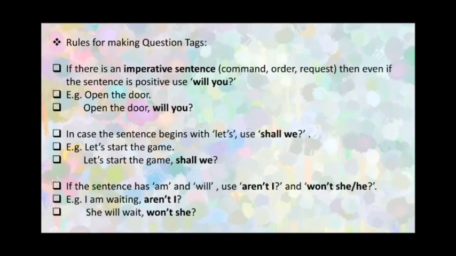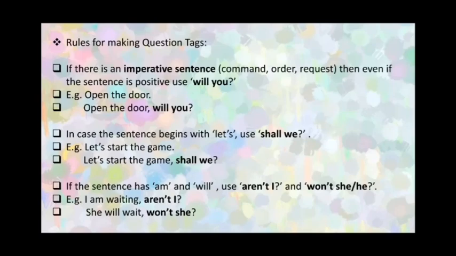For example, open the door. Can you see any negative word? No, right? But still, it is commanding. So here, the question tag used is: open the door, comma, will you, question mark.